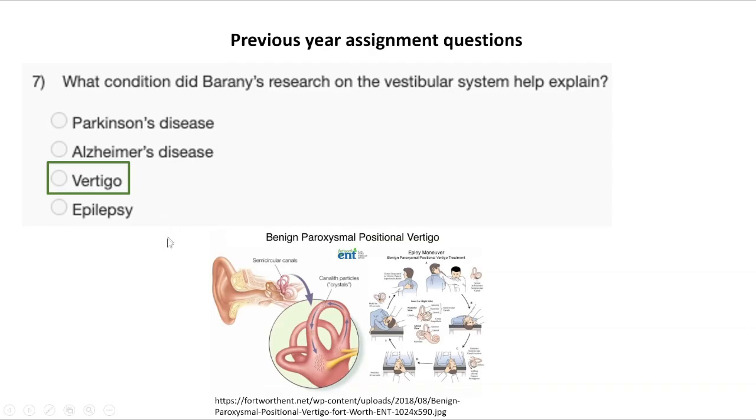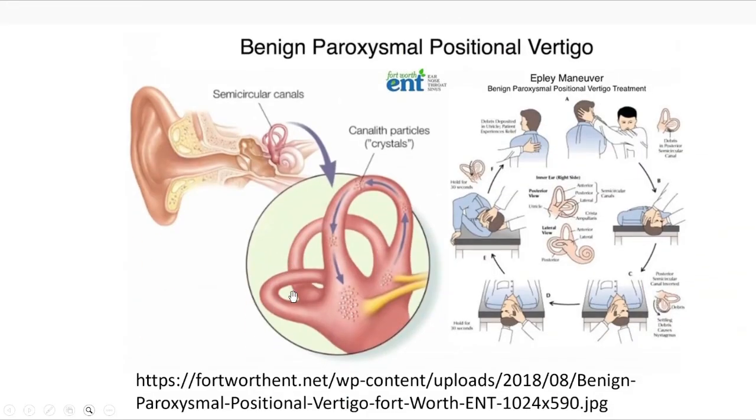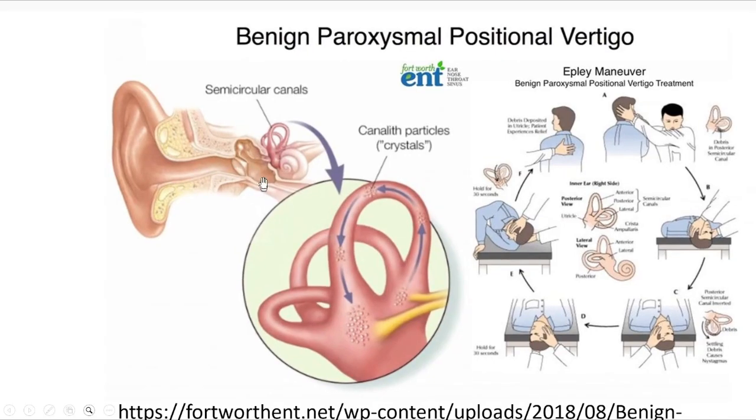We discussed that Barany, because of his work on understanding how the semicircular canals work, basically by pumping either very warm or cold water using a syringe, realized that because of the changes in convection in the inner ear, the endolymphatic fluid that flows through these canals has its flow altered.